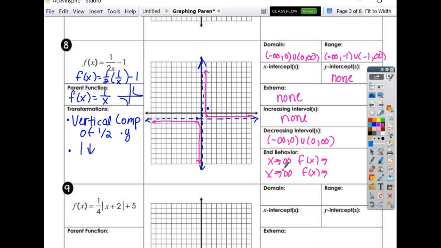So as x goes to infinity, what's my y going to this time? -1, right? And as x goes to negative infinity?